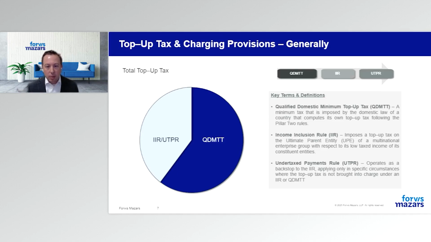There's also the income inclusion rule, which is a top-up tax that allows for a parent to top up the tax of a low tax income in a constituent entity. And then there's the undertaxed profits rule as well.